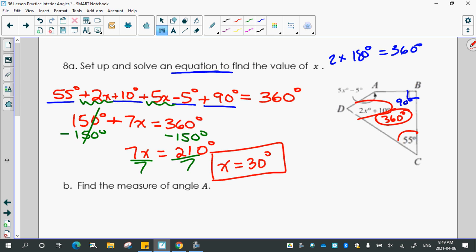Find the measure of angle A. So angle A, capital A, is indicated by this angle here, which they show you with an arrow, is 5x minus 5. If I just figured out x was 30, how can I figure out angle A?